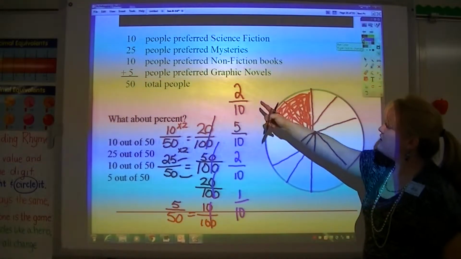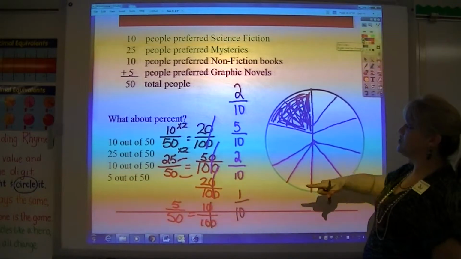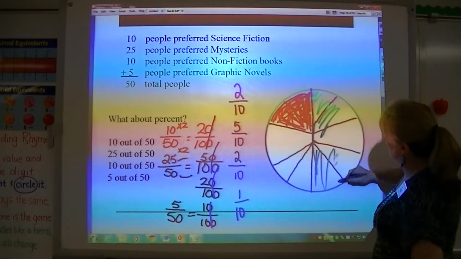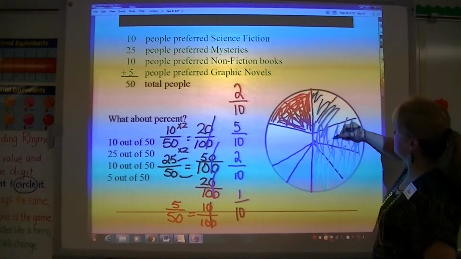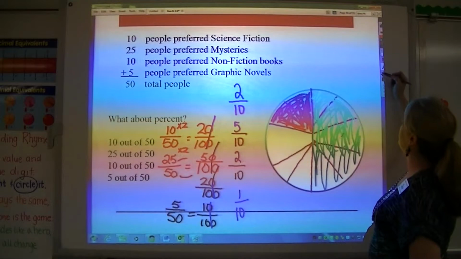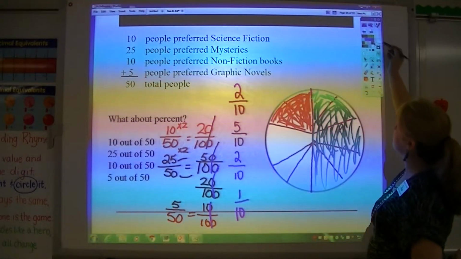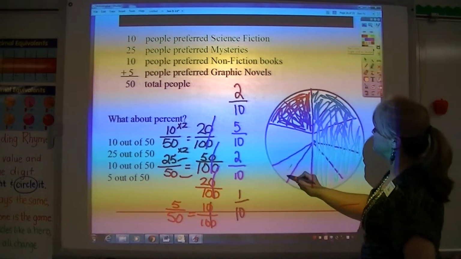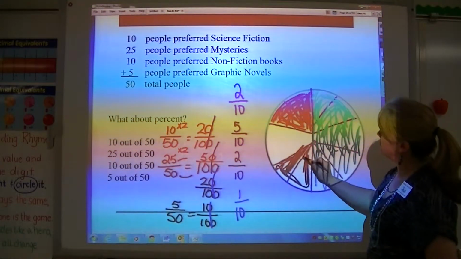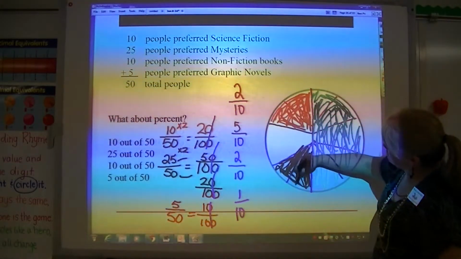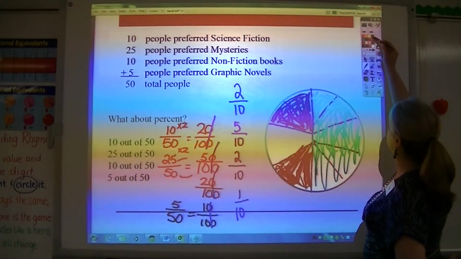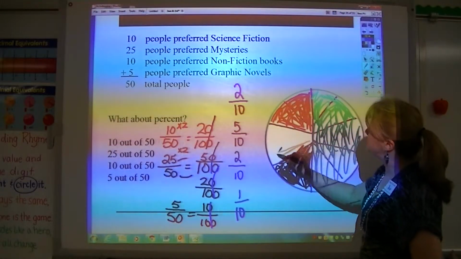If 25 people like mysteries, that's 5/10 of the circle. And then 10 people like nonfiction, that's another 2/10. And then 1/10 like graphic novels. And that's this 1/10 right here.